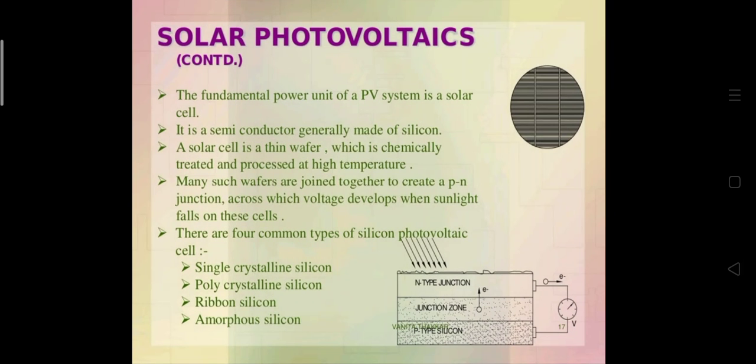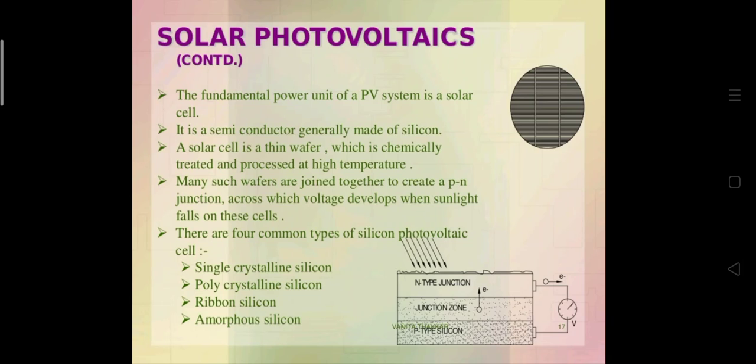The fundamental power unit of a PV system is a solar cell. PV means photovoltaic, not pressure and volume. A photovoltaic system uses a solar cell. It is a semiconductor generally made of silicon.